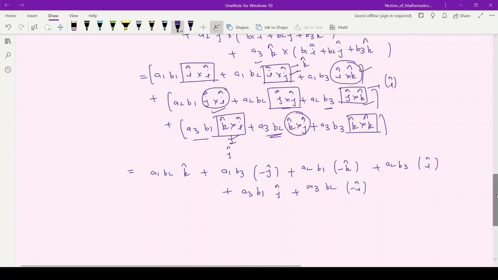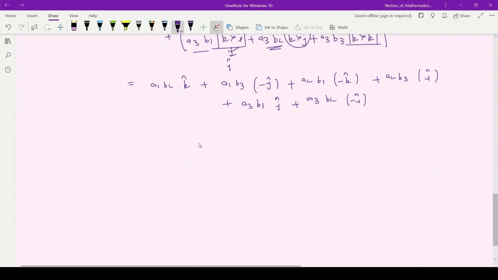Now what we'll be doing here? We will be taking I cap common, thereafter J cap common, thereafter K cap common. So you can understand it very well from this particular expression.